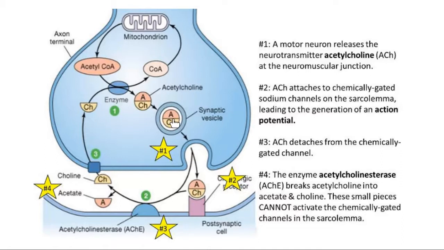The neuron spits out acetylcholine, which comes down here and attaches to, remember, our chemically gated sodium channels. So in normal processes, when things are working the way that they should, a neuron spits out acetylcholine, that activates chemically gated sodium channels. That's going to lead me to make an action potential and do the process of muscle contraction.